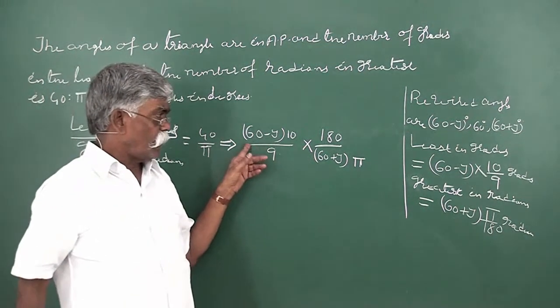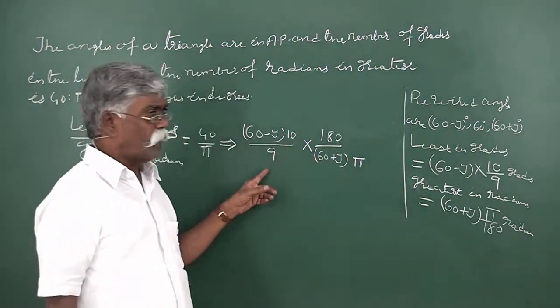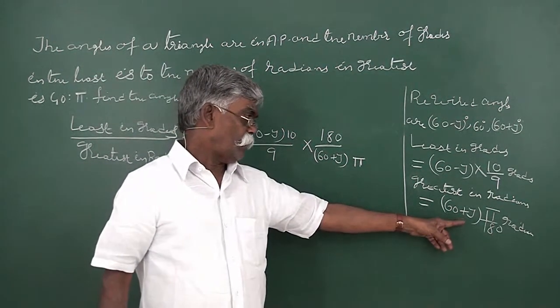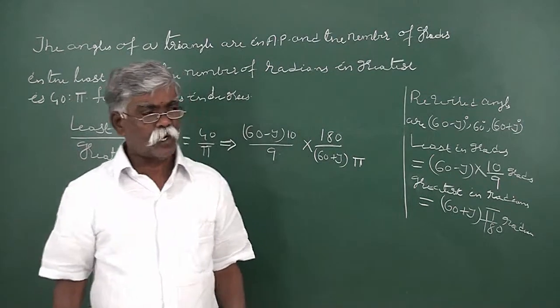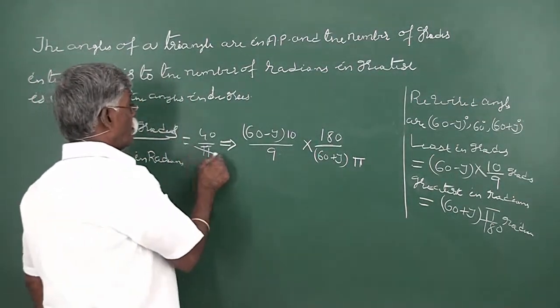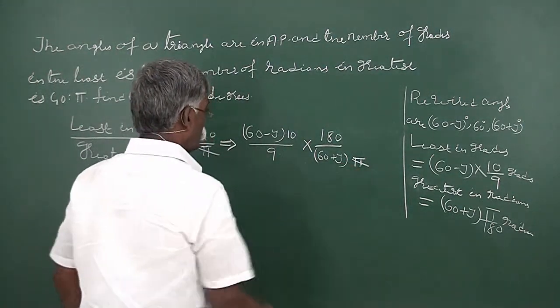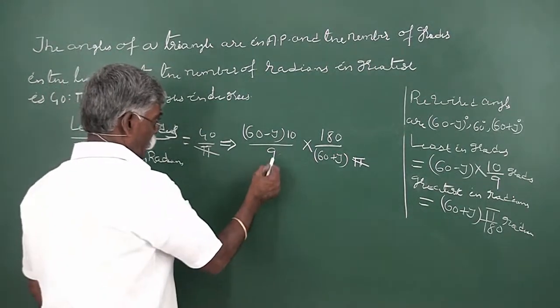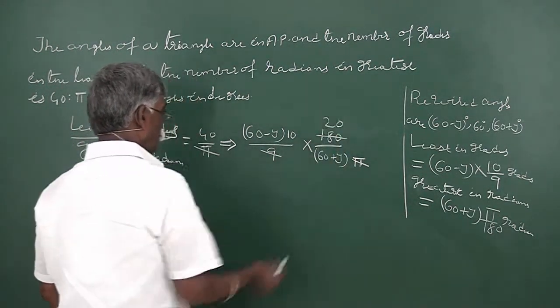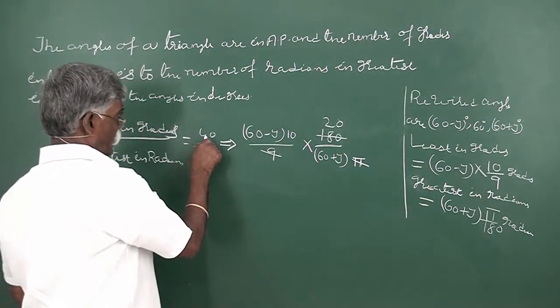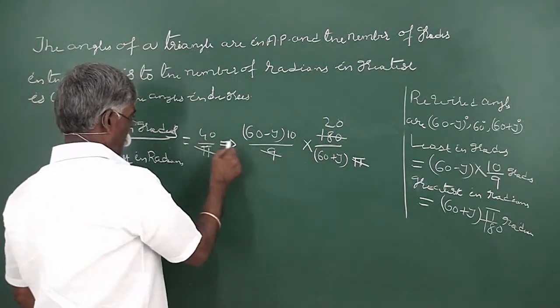This implies the least is 60 minus y into 10 by 9, and when we divide by this, this becomes 180 by 60 plus y into pi. So on both sides pi is getting cancelled, and then 9 gets cancelled with this 20 times. So this is 40 and this is 20.